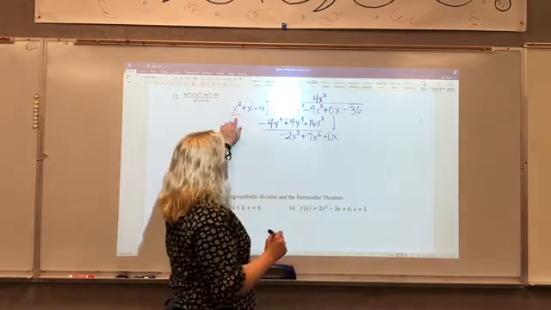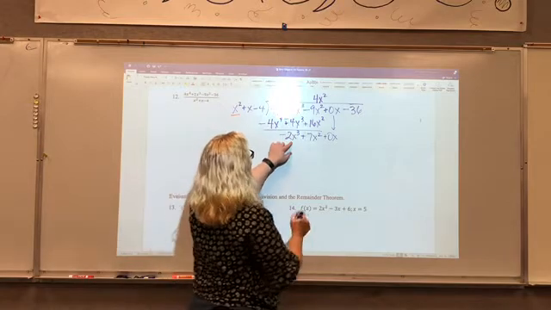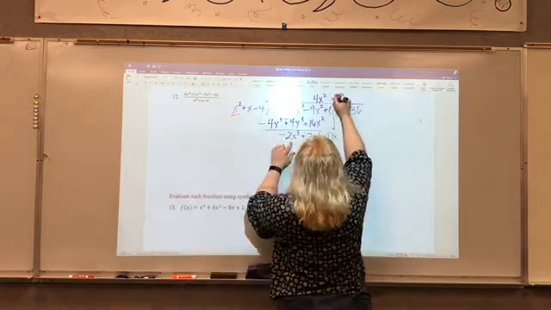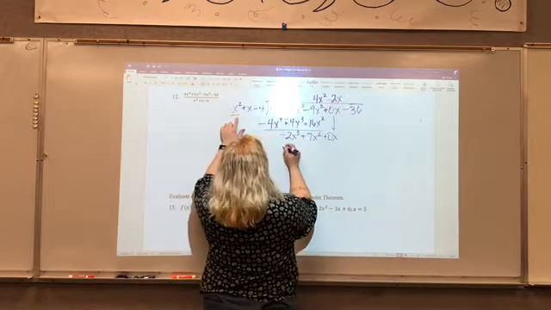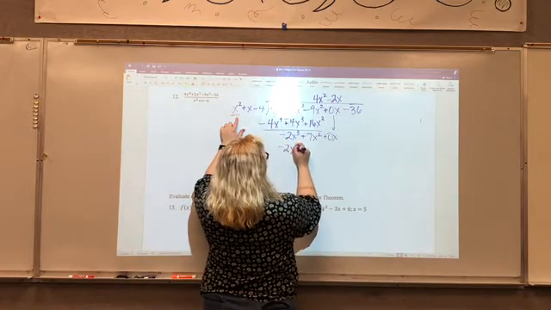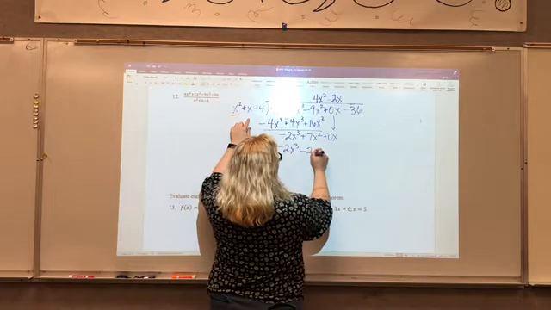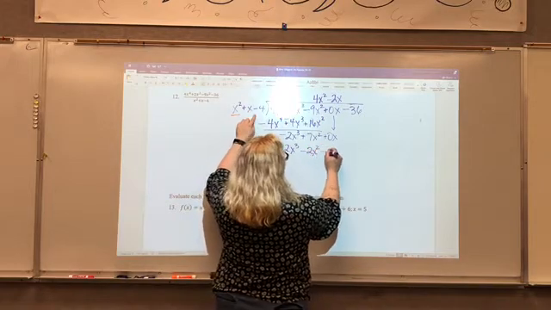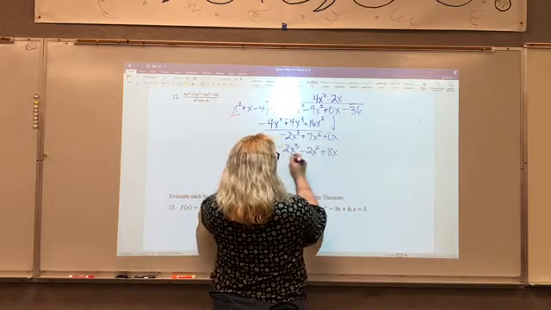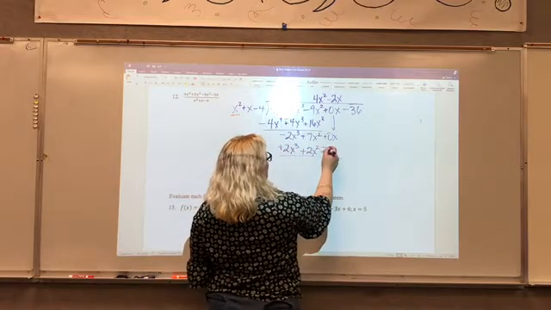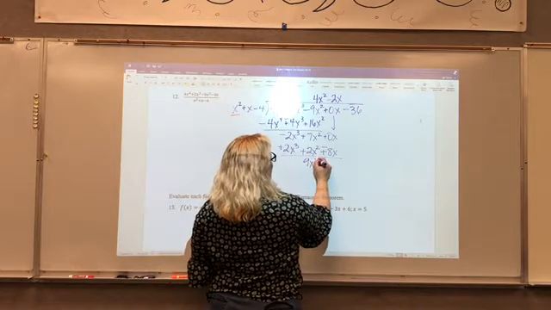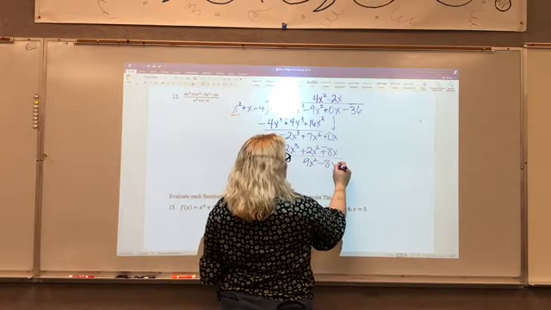All right, x squared goes into negative 2x cubed minus 2x times. Negative 2x times x squared is negative 2x cubed, minus 2x squared plus 8x. Subtract those, and I get 9x squared minus 8x.